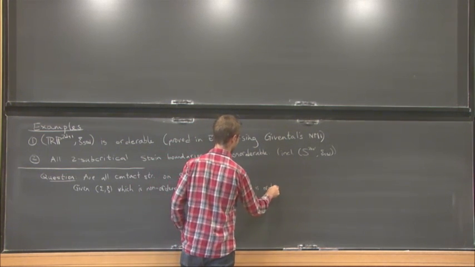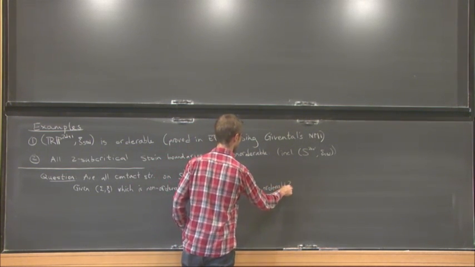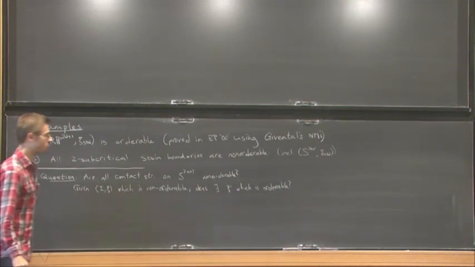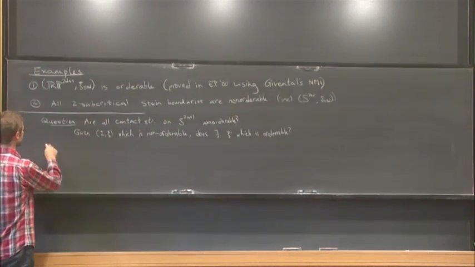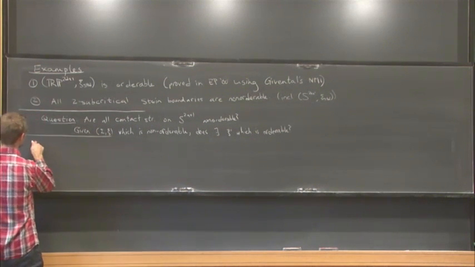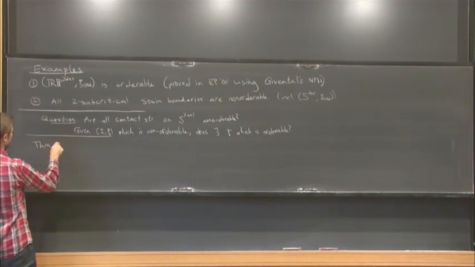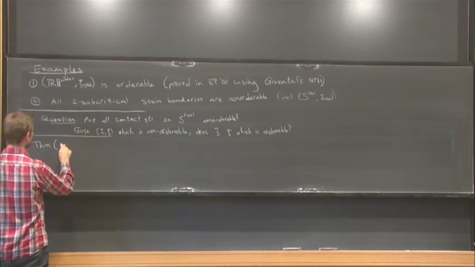So this is kind of the rigidity of orderability in some sense. And the main result that I wanted to share with you today is that this can be destroyed very easily, and in fact locally.